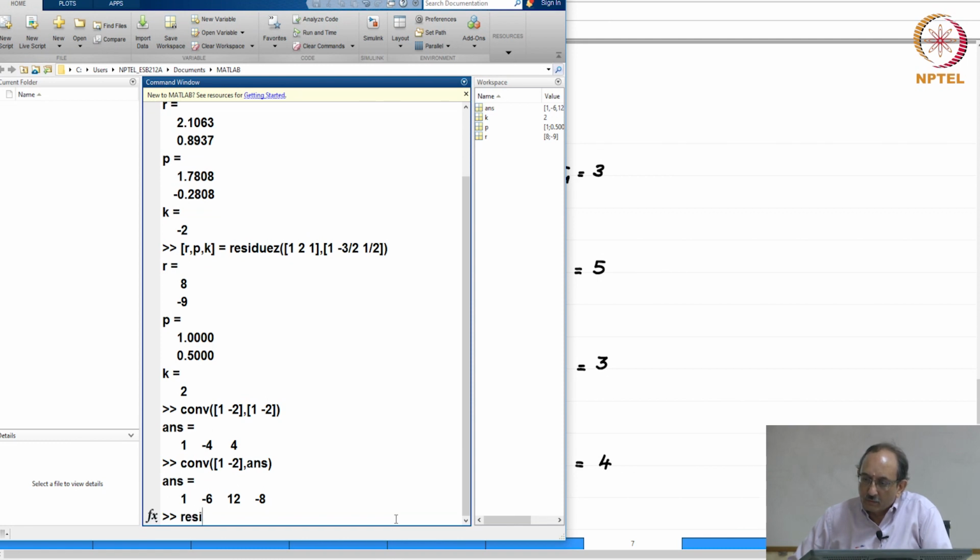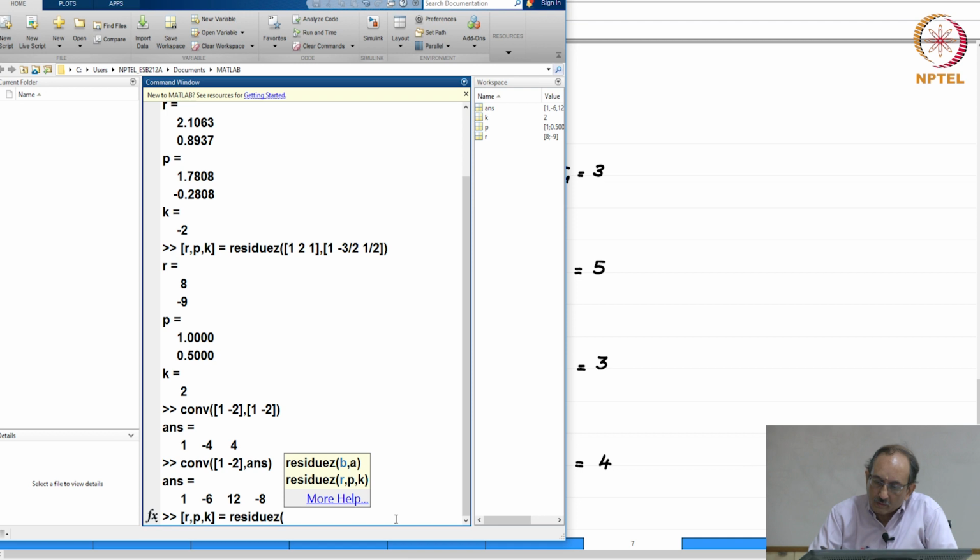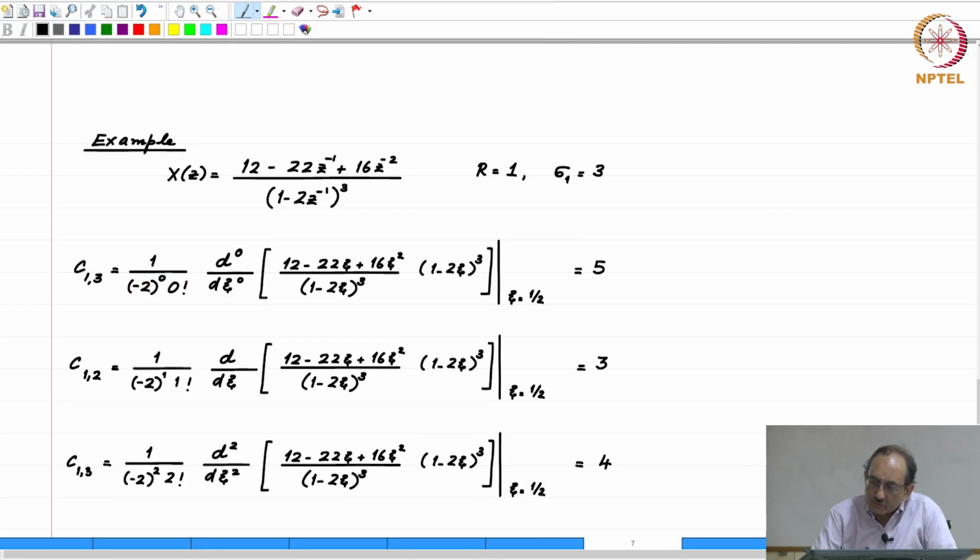Therefore, residue Z needs to be of the form R P K, and the numerator is 12 minus 22 16.